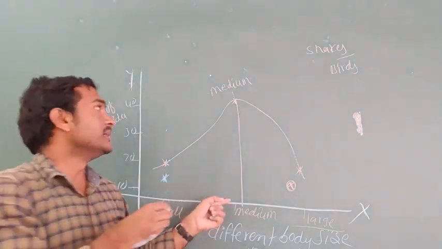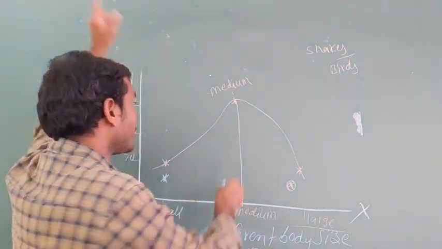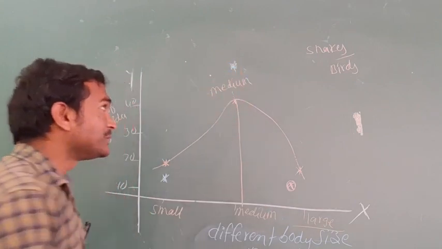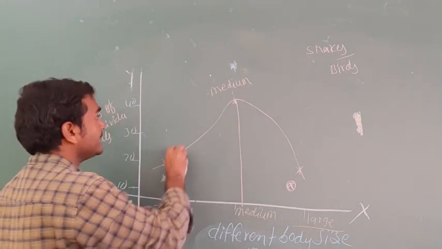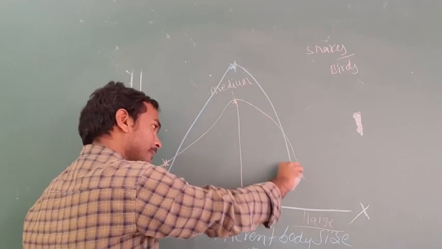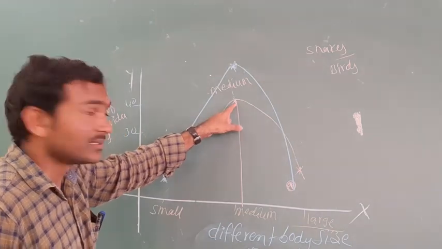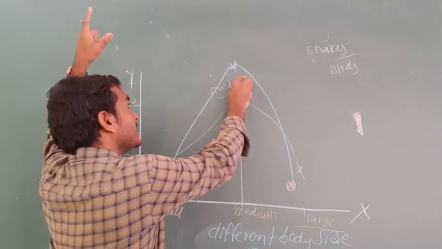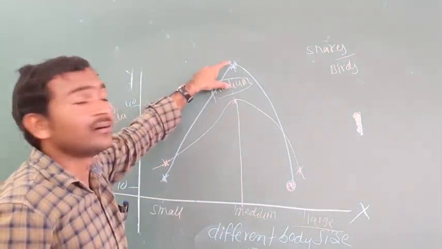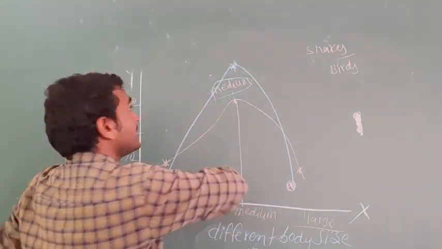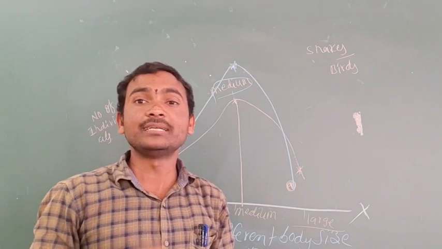So the medium size lizard number is going to increase. In the first session medium size lizards increase, and in the second constant environment medium size also increases. So this type of selection is called stabilizing selection.